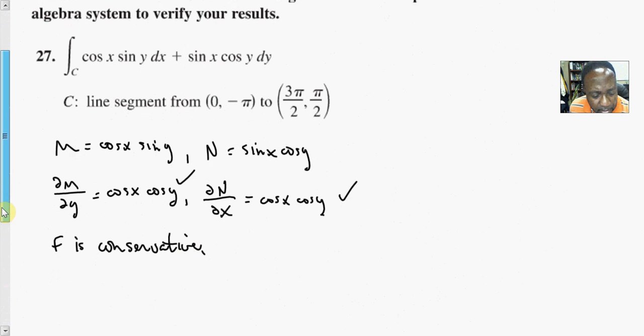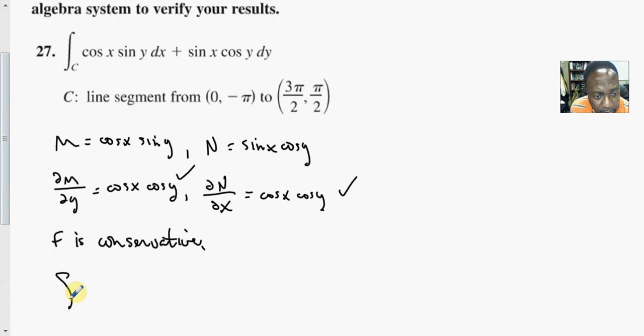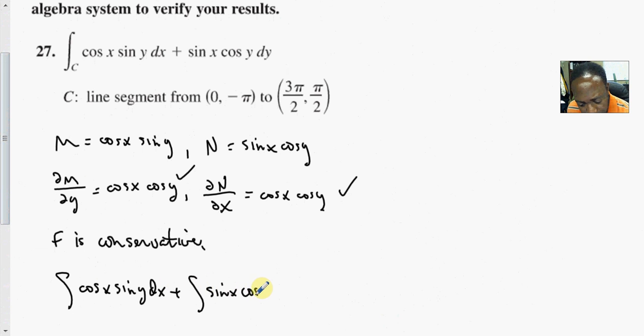So if that's the case, then we find the potential function by integrating directly. So we integrate here with respect to x. That gives us sine x sine y, plus integrate over here with respect to y.